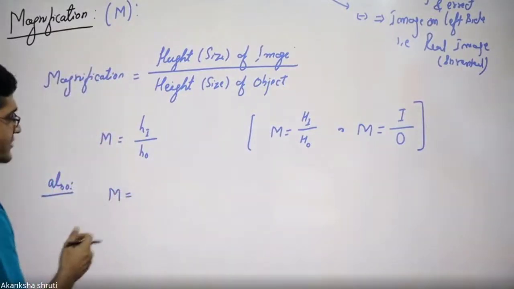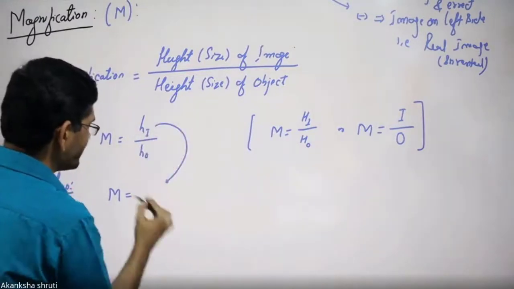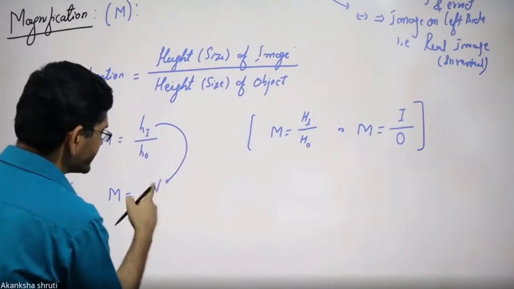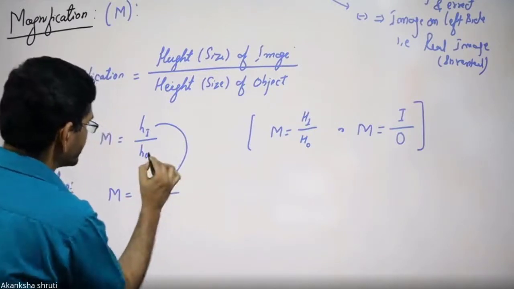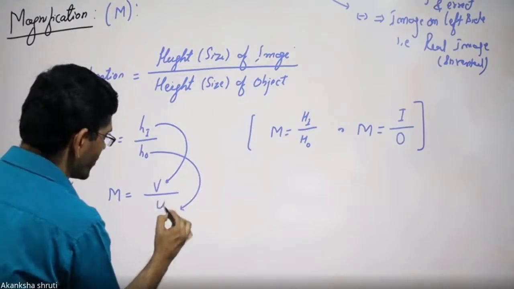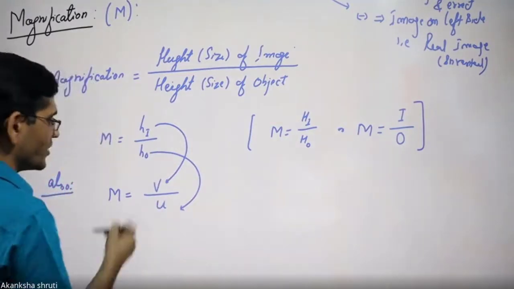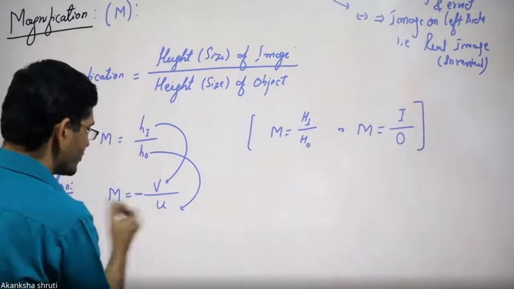Just by using that concept, you have to keep in mind this height of the image can be converted in terms of the distance of the image by the height of the object at the distance of the object, which is denoted by u. But while taking this ratio, it turns negative. Why negative?